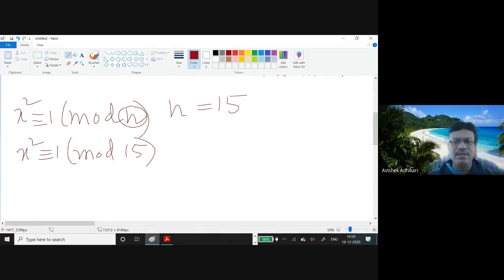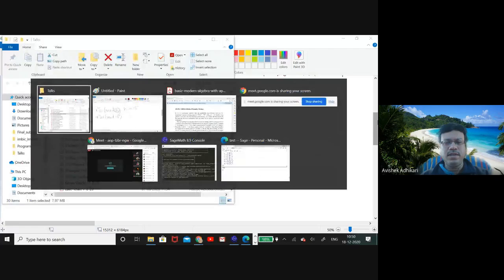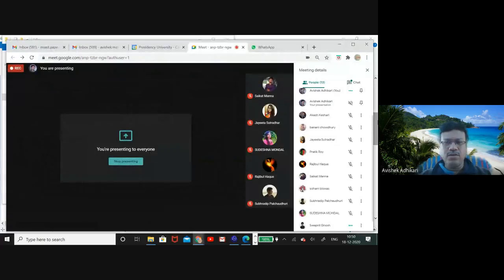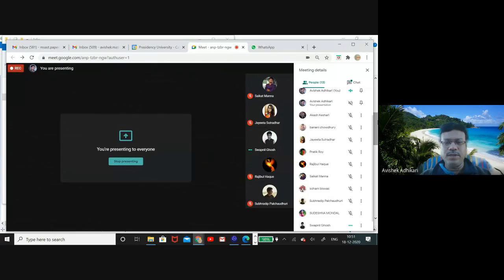If n is 15, which is certainly an odd number but not an odd prime, how many solutions does it have? Any idea how many solutions you can find? Any guess? Yes, how many?